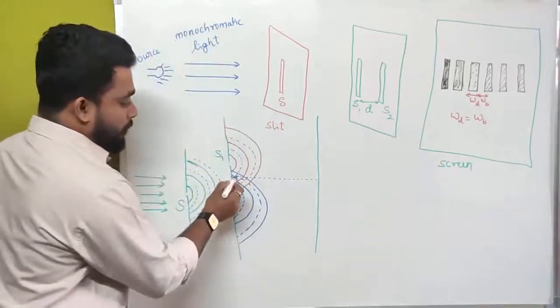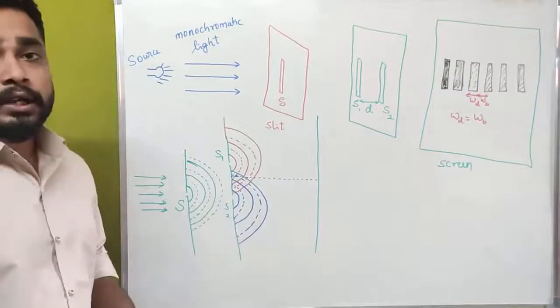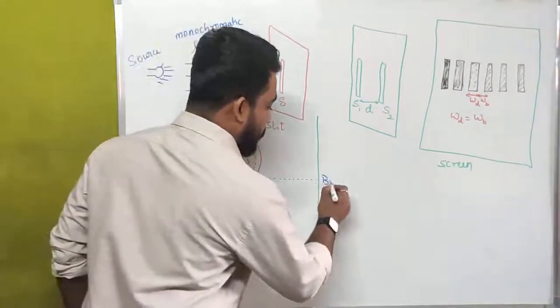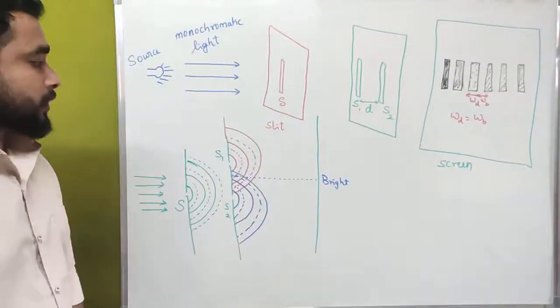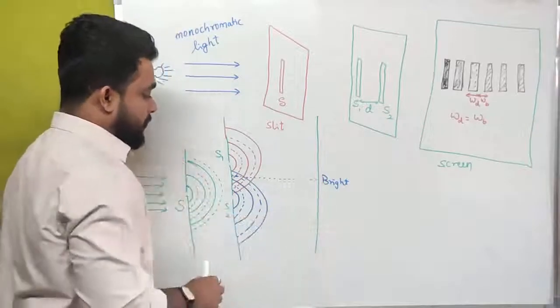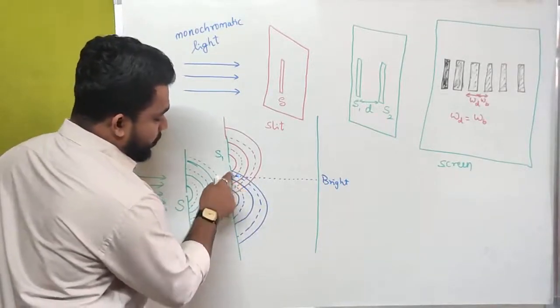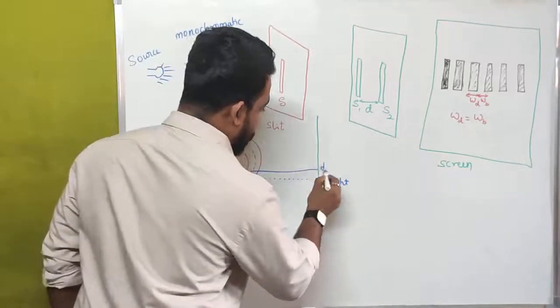Here in this particular point, trough of one wave is incident, superposed with the trough of another wave. Then what we will get here is bright fringe. Here we have bright fringe, and here trough of one wave is on the crest of another wave. Then we will get dark.